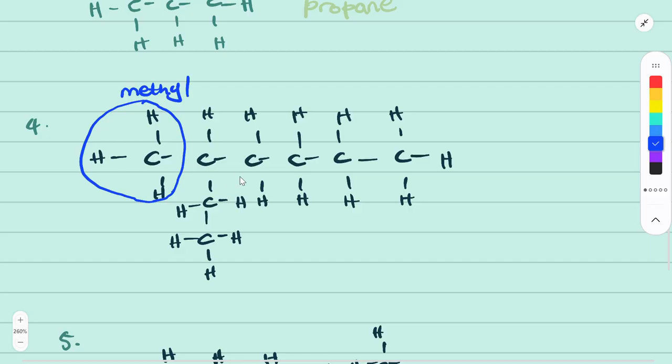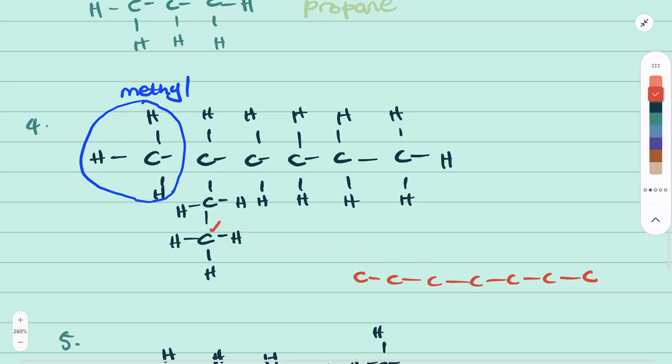Now let's check where we start numbering from. Do we start numbering from the left or from the right? Your alkane does not have a direct functional group that we can start numbering closest from. So we depend on our substituents and branches. If this molecule was written as a straight chain, it would have 1, 2, 3, 4, 5, 6, and 7 carbons.